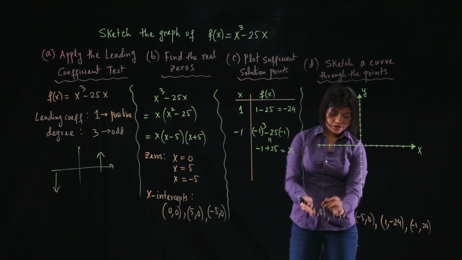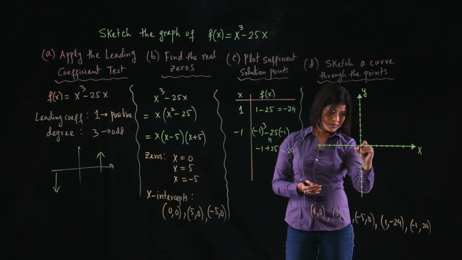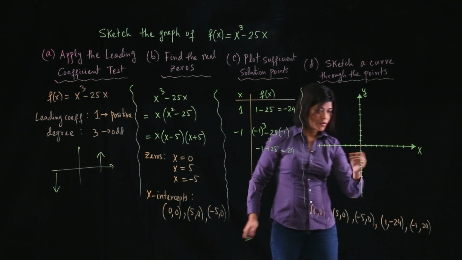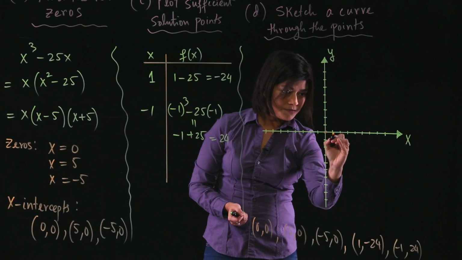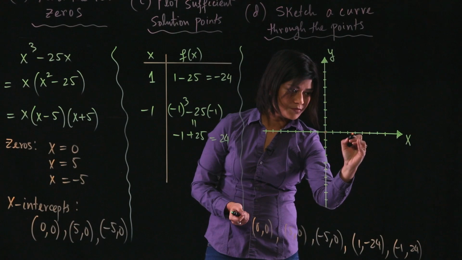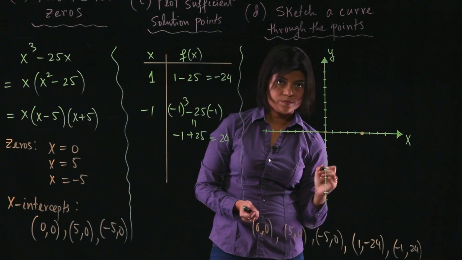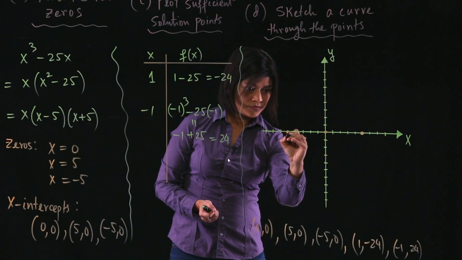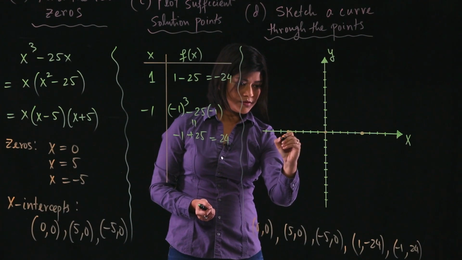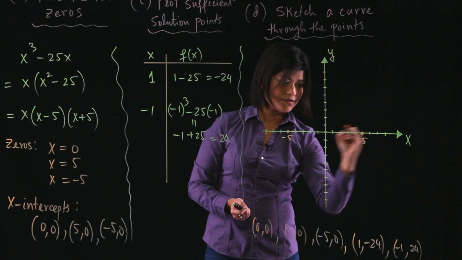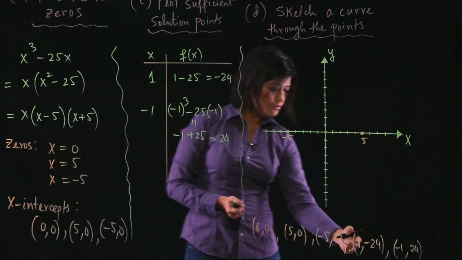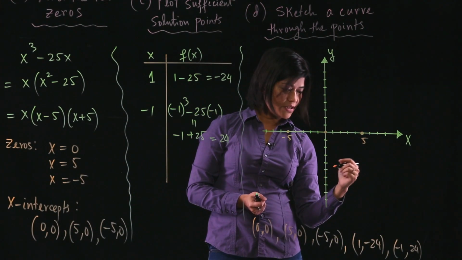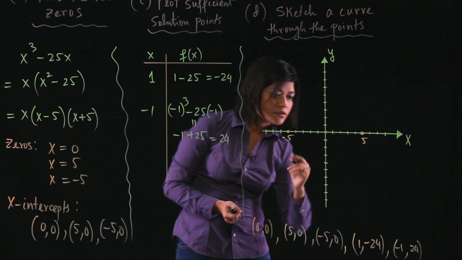Okay, so let's start plotting. First, we have (0, 0). This is the origin. Okay, let's see. We have (5, 0): 1, 2, 3, 4, 5. So this is another x-intercept, and (negative 5, 0). So this is negative 5. This is 5. Now we have (1, negative 24).